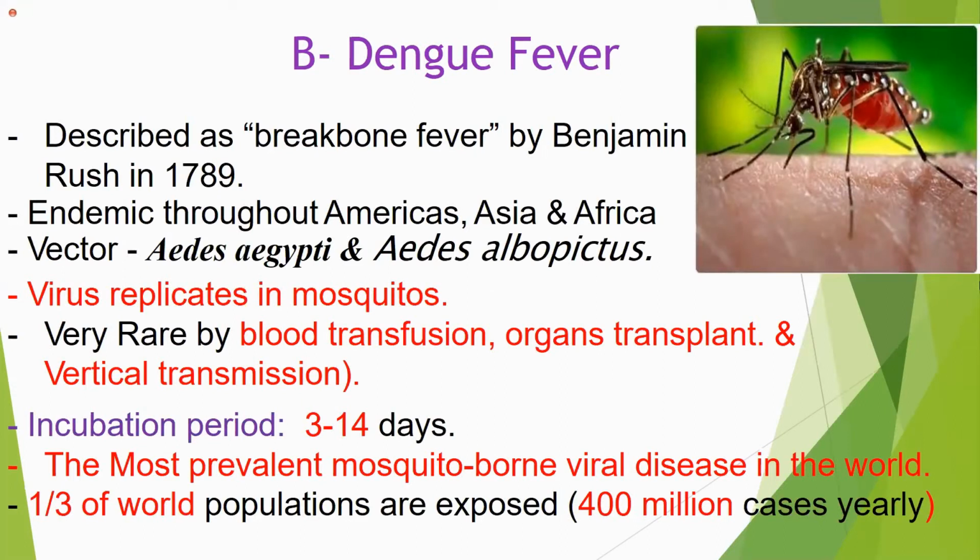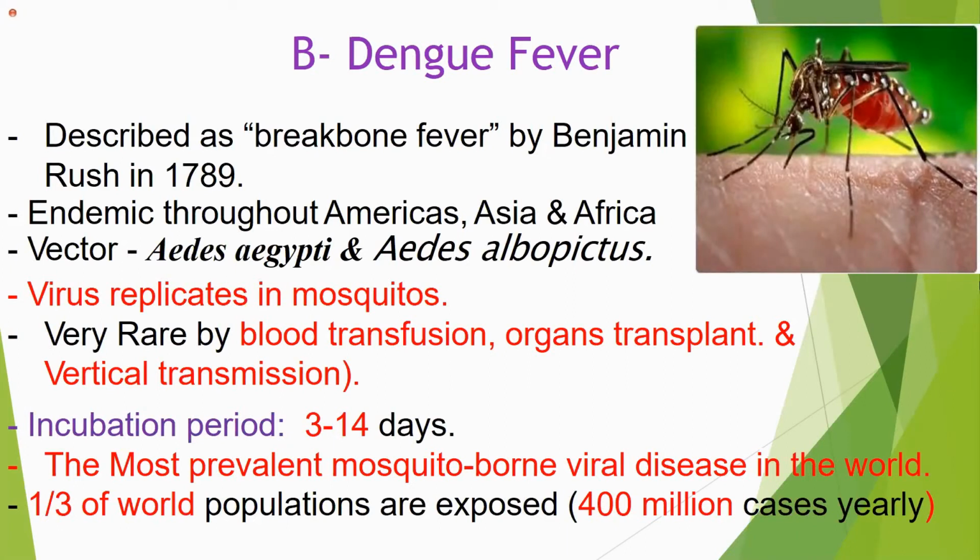Vectors are the mosquitoes Aedes aegypti and Aedes albopictus. The virus replicates in mosquitoes. Transmission is very rare by blood transfusion, organ transplant, and vertical transmission. The incubation period is 3 to 14 days.